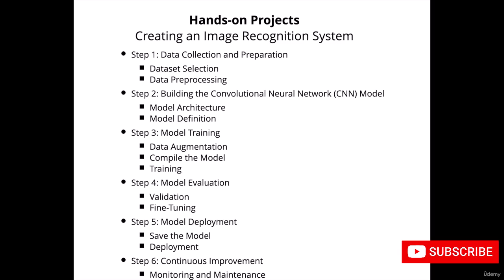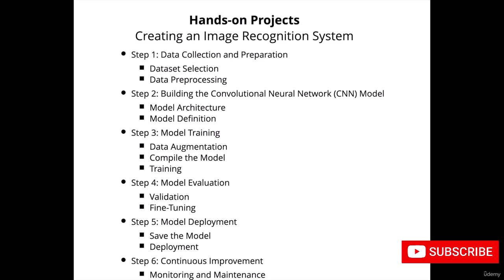And step 4 is model evaluation. Validation: evaluate the trained model performance on the validation dataset using metrics like accuracy, precision, recall, and F1 score. Fine-tuning: fine-tune the model architecture and hyperparameters based on validation performance to optimize model performance. Step 5 is model deployment. Save the trained model, weights, and architecture using TensorFlow's save function for future use.